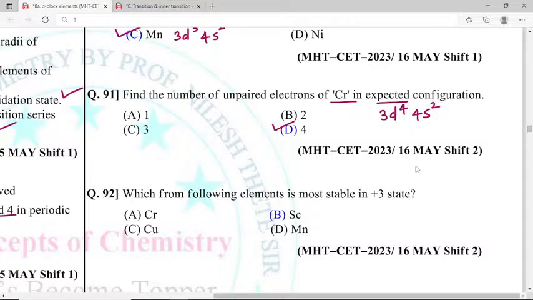If the question asks for observed, observed is experimental. Expected electronic configuration: 3d4, 4s2.